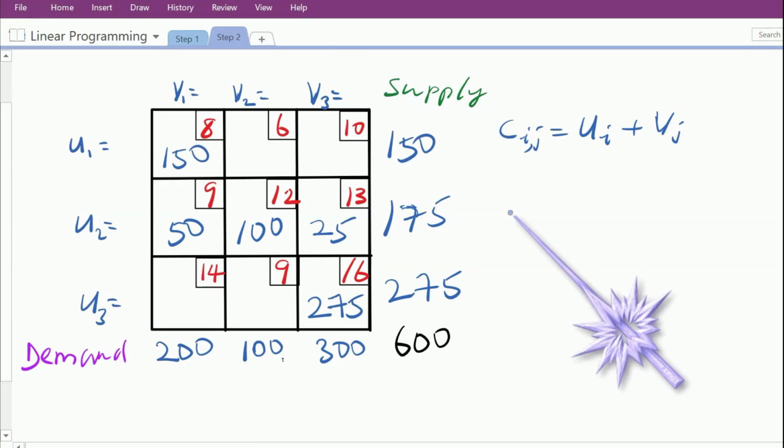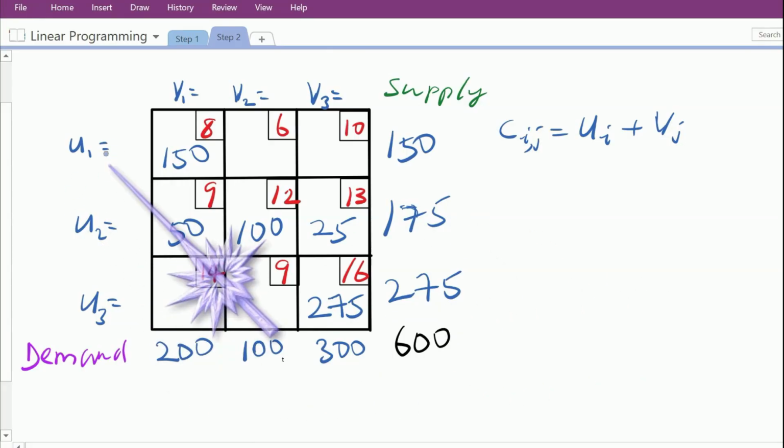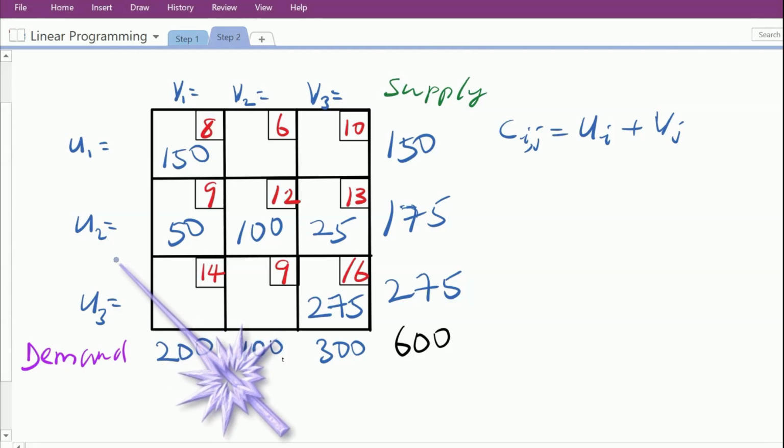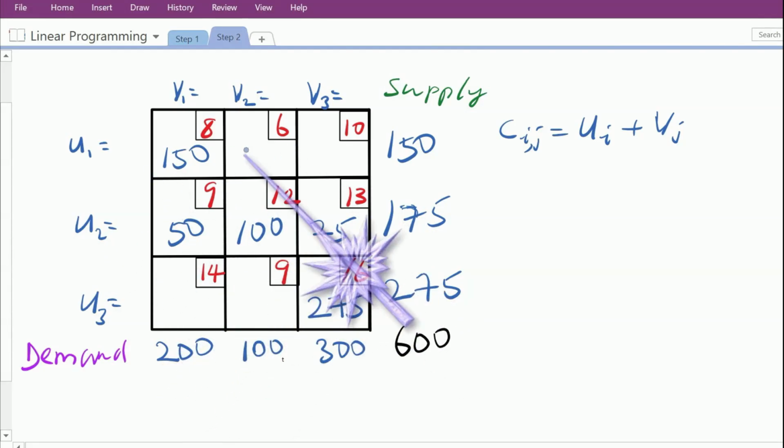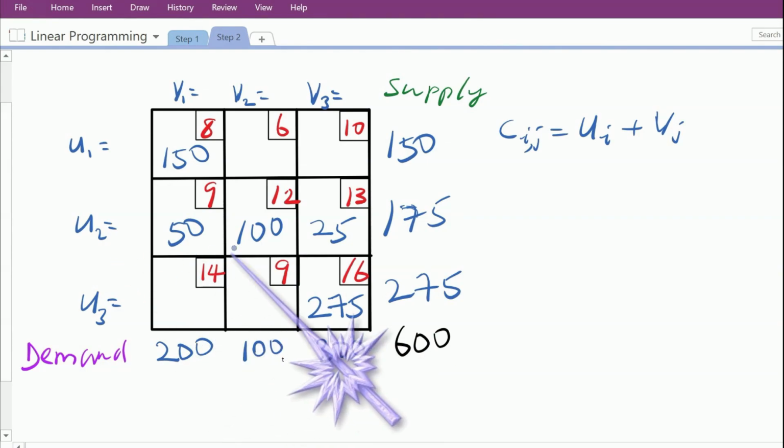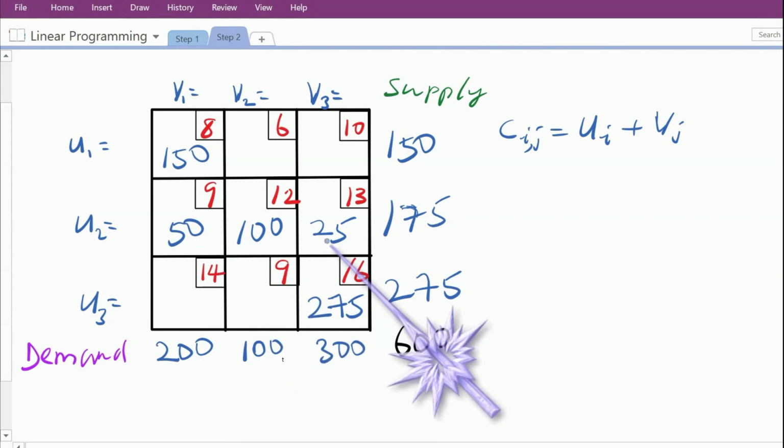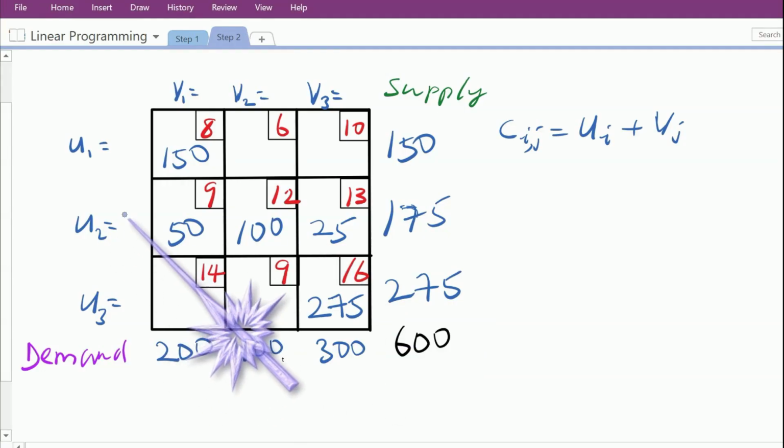Now you set any of the U's to 0. And if you look at it, just check the one that has more than one item, that is the one you should set to 0, so that will be easier for you. So this has 3 items. You can say let U2 be equal to 0.